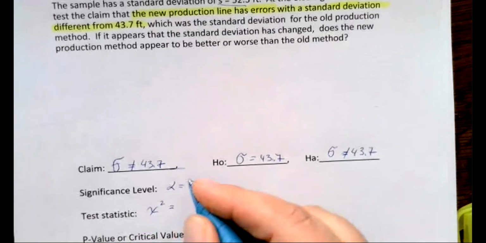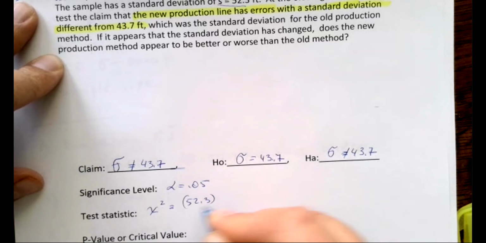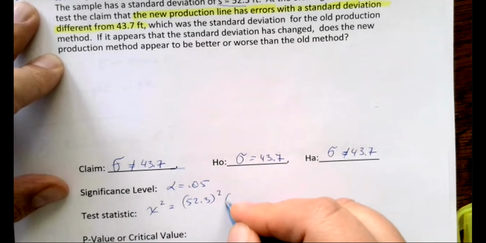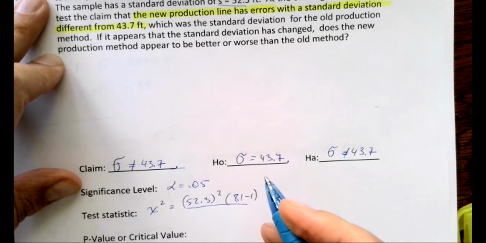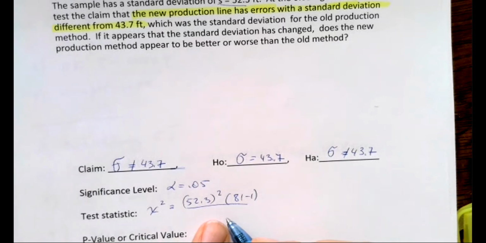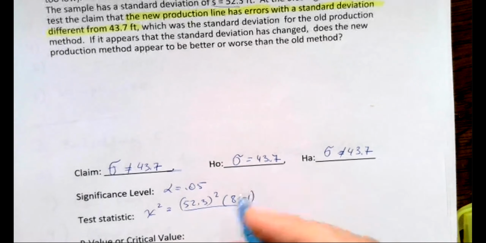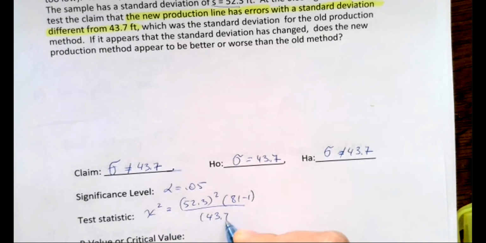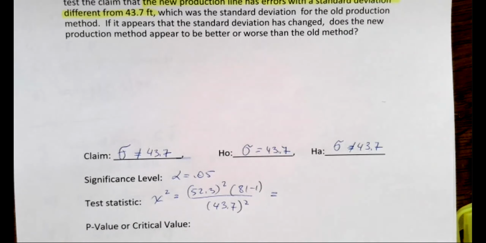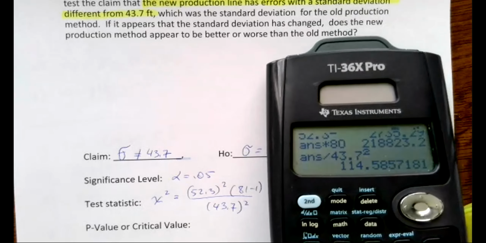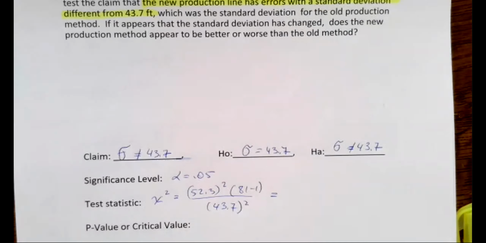So chi-square is 52.3 squared times 81 minus 1, divided by, in the formula we have sigma squared on the bottom. This is where the sigma is. So we're going to use 43.7 squared. What is it equal to? I got 114.586, rounded to 3 decimal places.